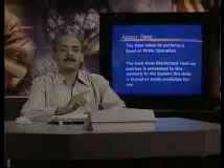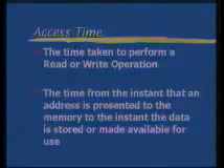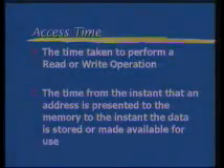Once again, I would like to define it further as it has been given in the slide. The time from the instant that an address is presented to the memory to the instant the data is stored or made available for use. So access time in that particular context is, you request a memory read or write operation.